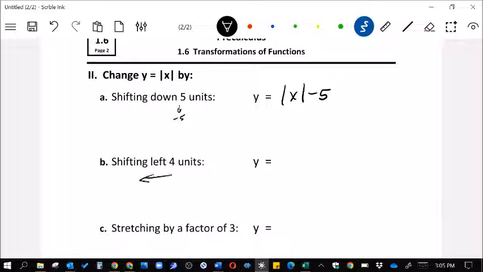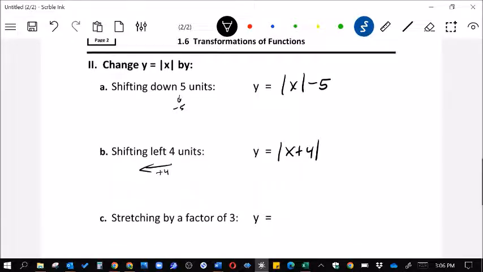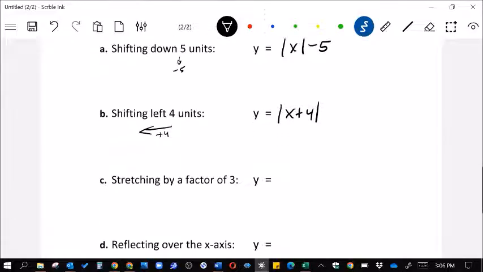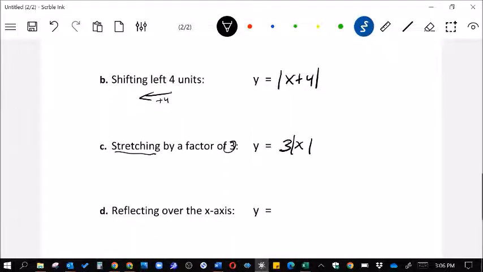Shifting left 4 units, well, it's going towards the negatives, which means we're going to do +4, but it's going to be inside it. Stretching by a factor of 3, okay, stretching means multiplying by 3. So that's going to be y equals 3 times the absolute value of x.